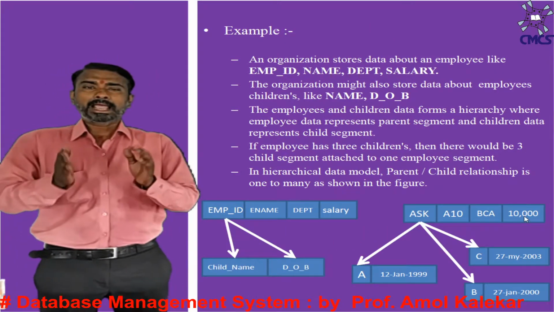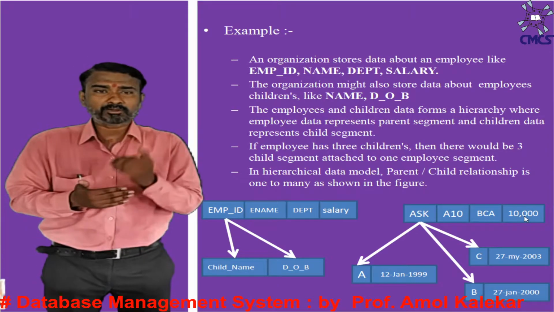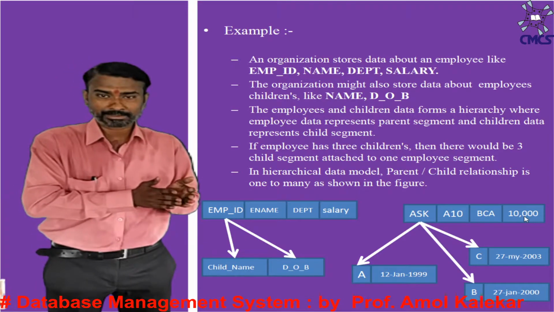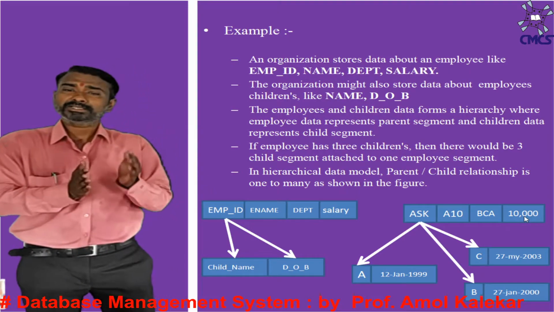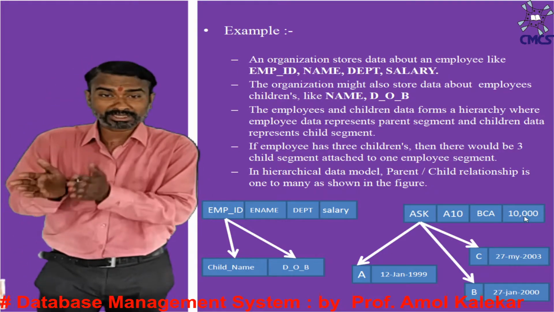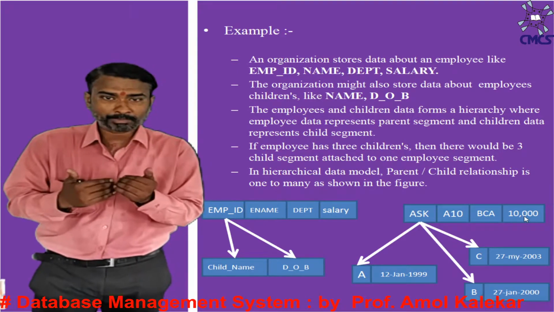For example, an organization stores the data about its respective employees like employee ID, name, department and salary. Now, the organization might also store data about the employees' children like the name of the children and their respective date of birth.